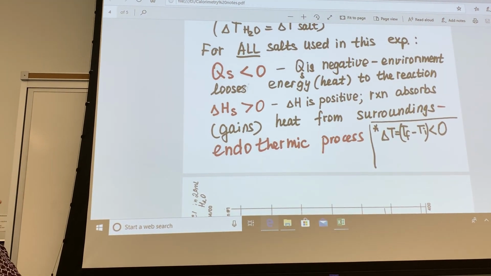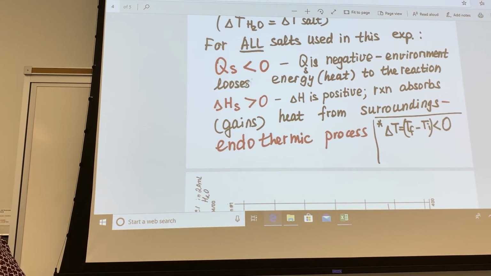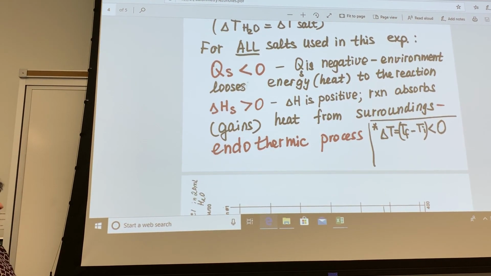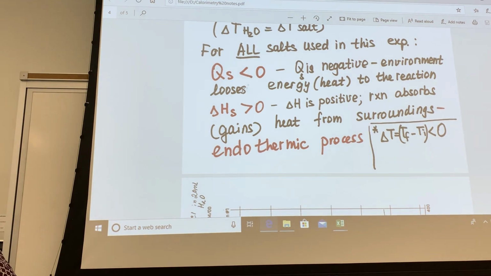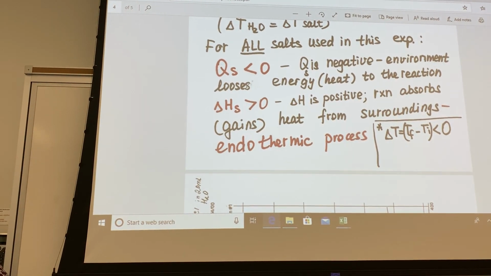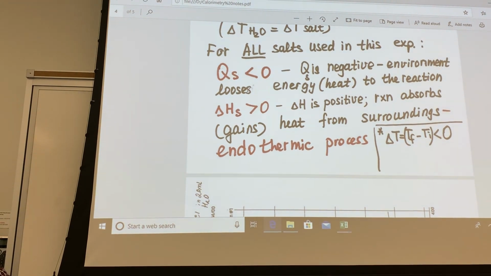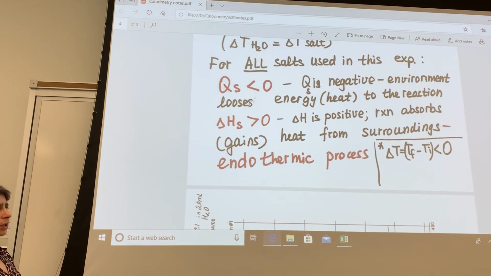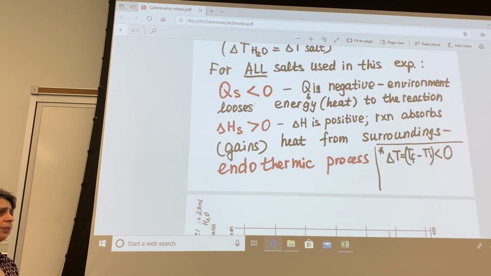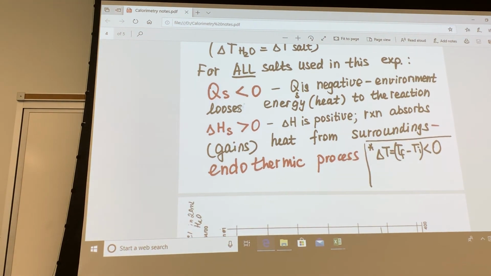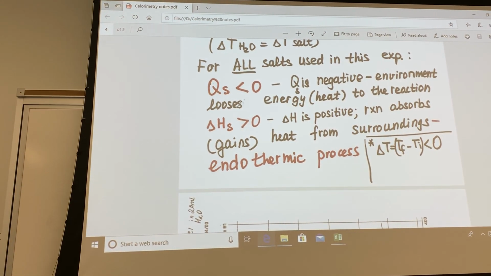And you can play around with this, and you can see which salt dissolves endothermically and which dissolves exothermically. So with salts, when they dissolve in water, it can be either an endothermic or exothermic process. I picked endothermic because often students have a misconception that whenever you dissolve something in water, heat must be produced, and it's not necessarily the case, which is what I wanted to illustrate here.